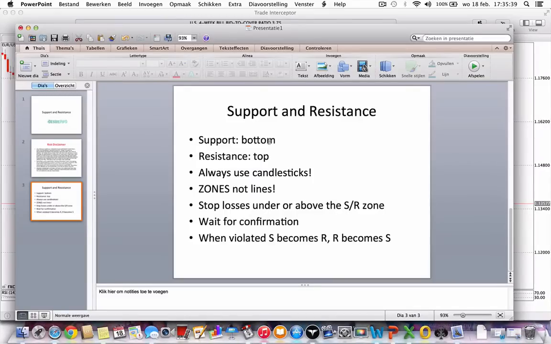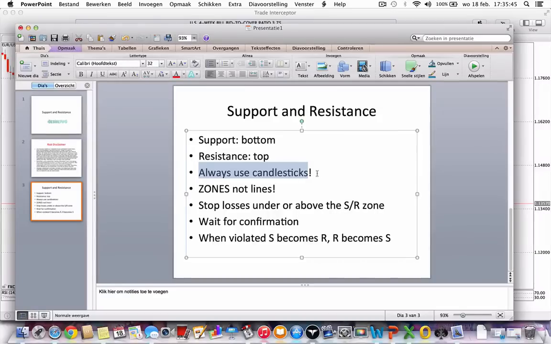So I already explained support and resistance. Now here you can see, always use candlesticks. And the reason being, candlesticks are just perfect to do your technical analysis, because they give you the most information that you have. And one other thing is that support and resistance are zones and not lines.